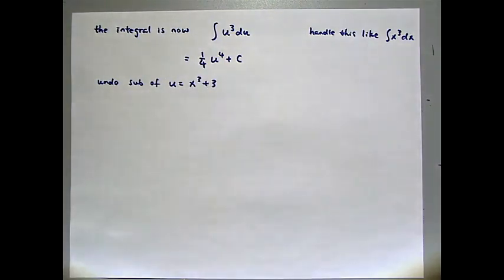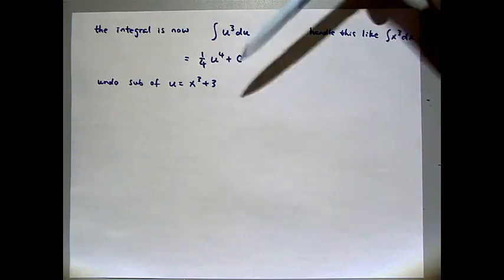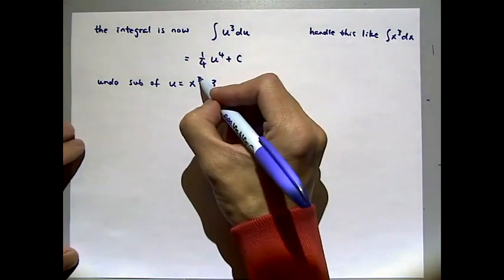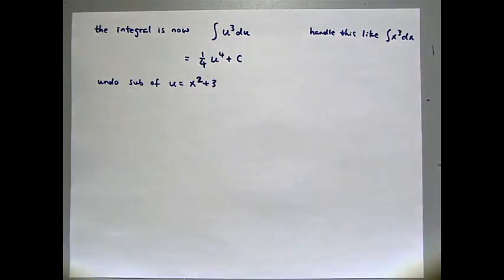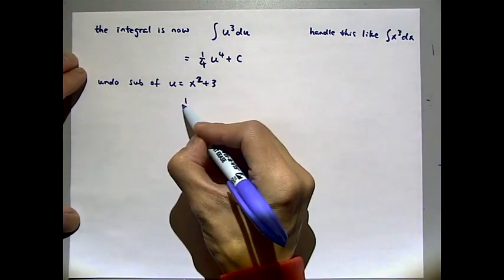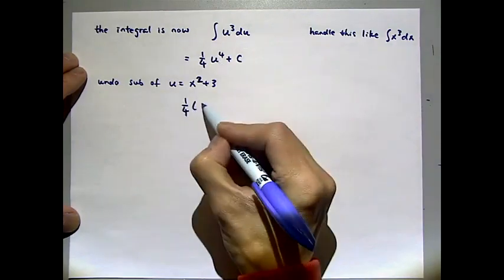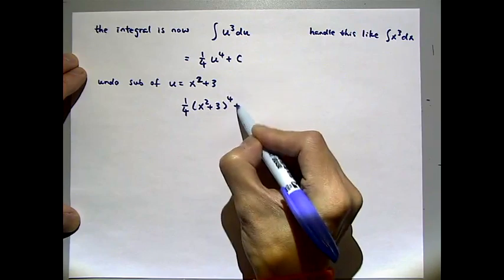And after we've done the integration, now we'll undo the substitution we did earlier. Right? The middle of last page, we said u was x squared plus 3. Now I undo that. And so I end up getting 1/4 (x squared plus 3) to the 4th plus c.